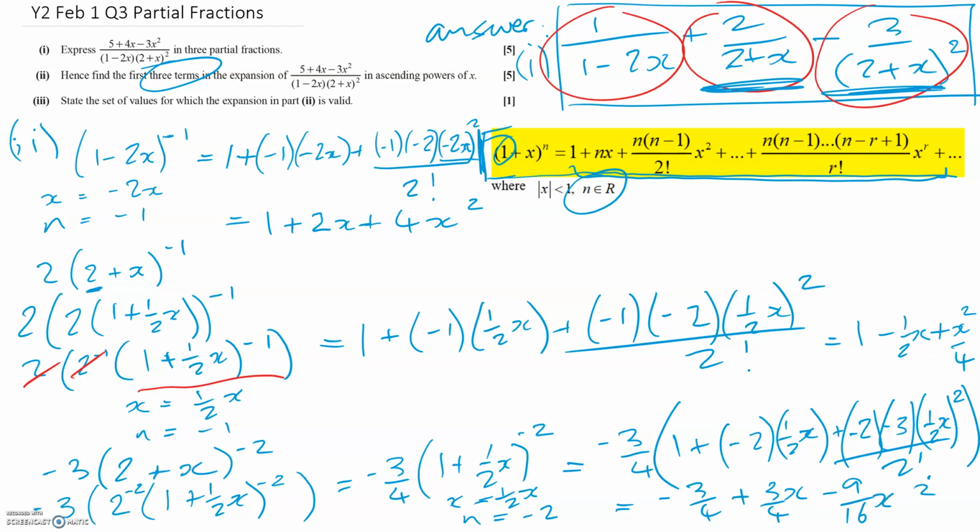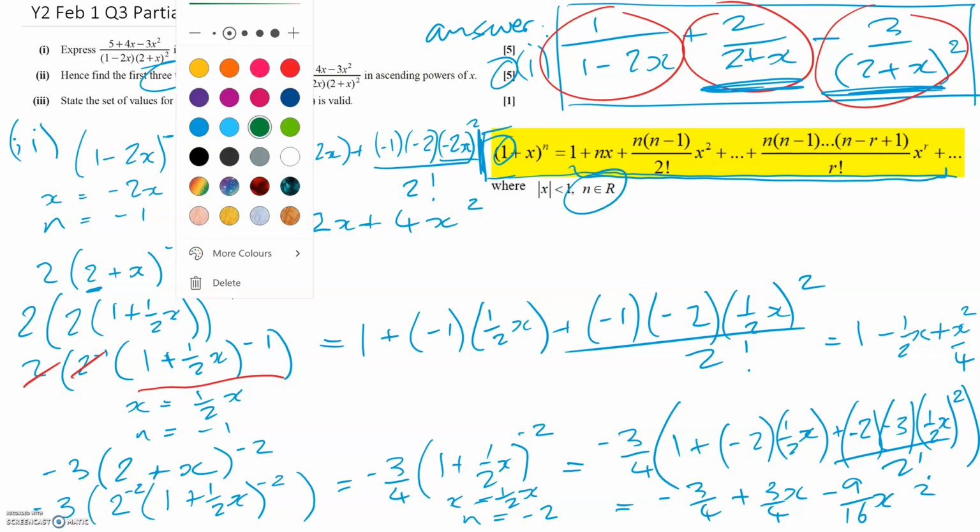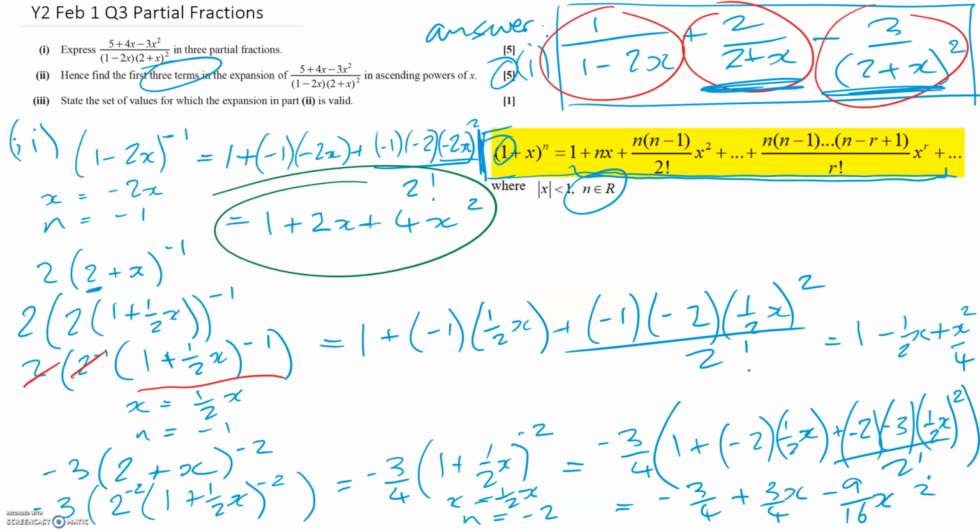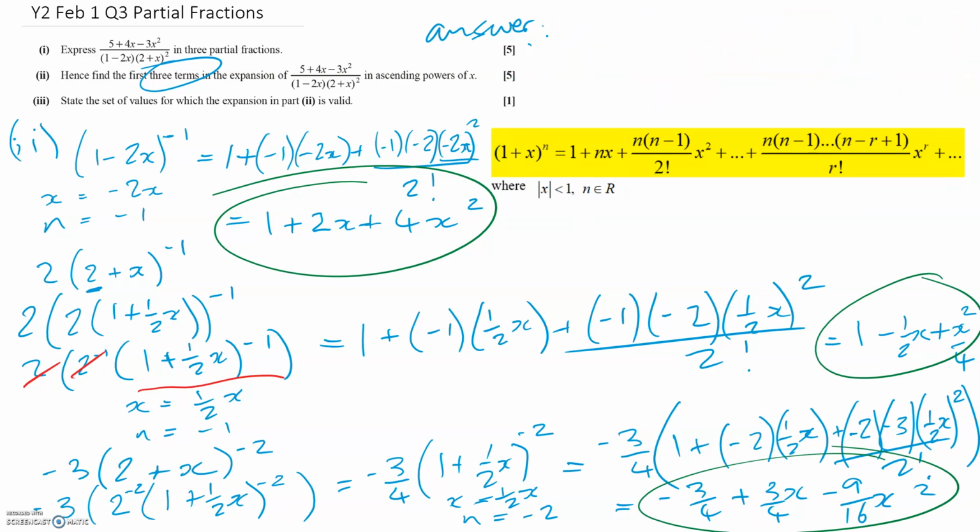So we've done our 3 separate expansions. Now this is hard work for 5 marks. We're still not finished, by the way. We've just got to add up everything now. So yeah, we need to add that to that to that, and I'm running out of space, so I'll just delete the top bit.